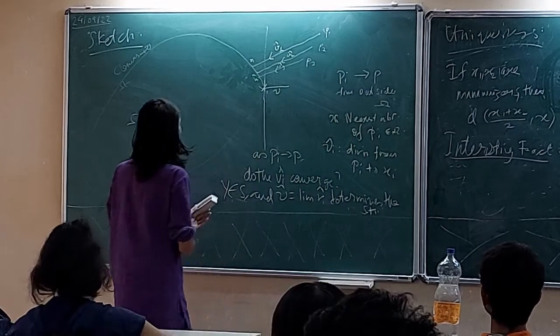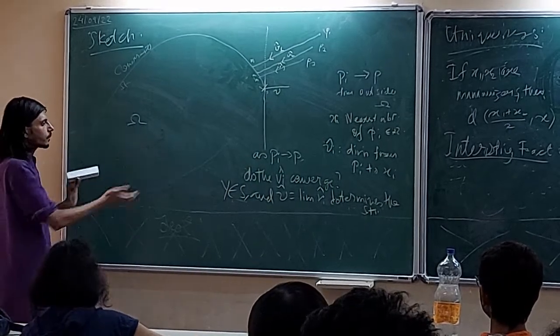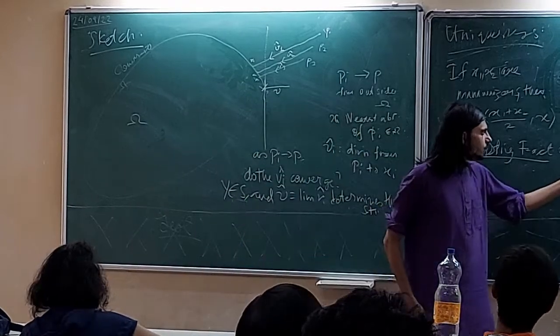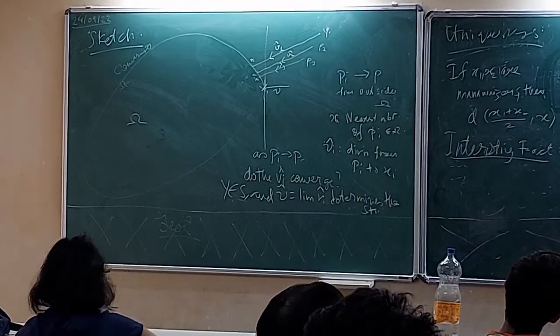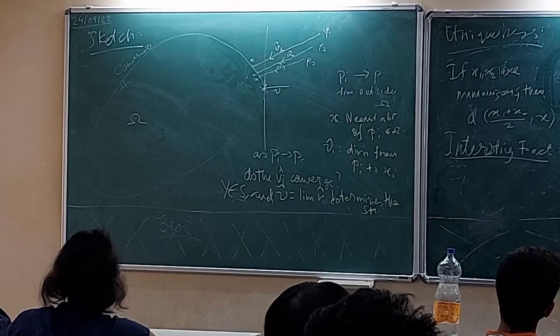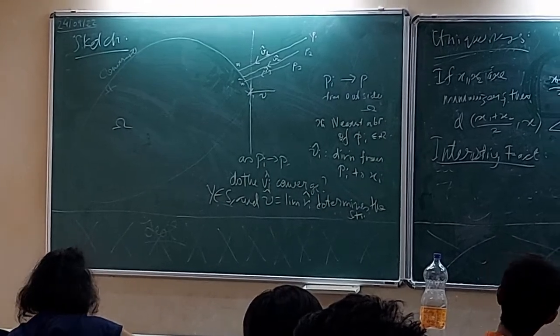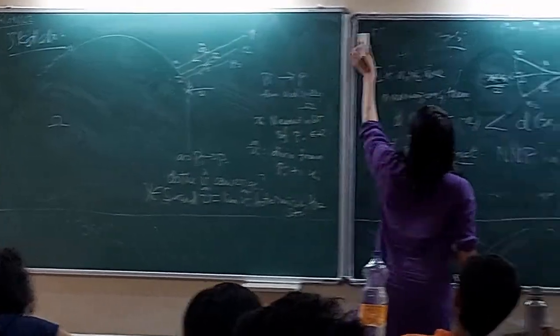The interesting thing about the supporting hyperplane theorem is that, just like we saw that the nearest neighbor property is equivalent to having a closed and convex set, it turns out that even supporting hyperplanes admit some kind of theorem.